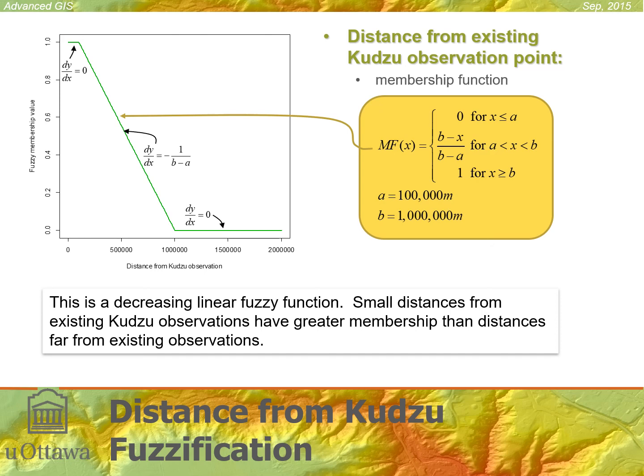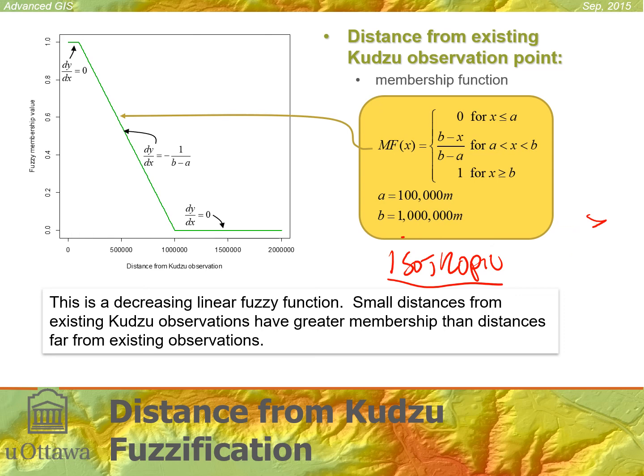Of course, a lot of that could depend on where you are. So we're assuming here we have what's called an isotropic process. And that means that this distance effect is the same in all directions. Whereas, let's say certain birds, migratory birds, eat Kudzu seeds, then we might have a much longer distance effect north to south because of migrating species than we do east to west.